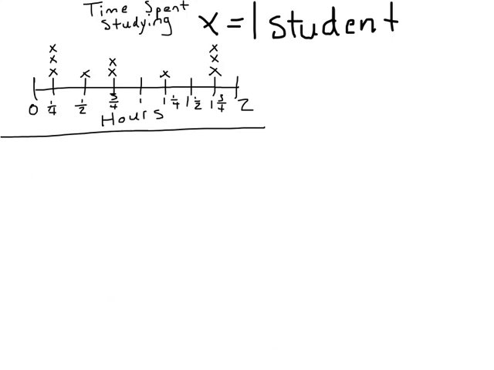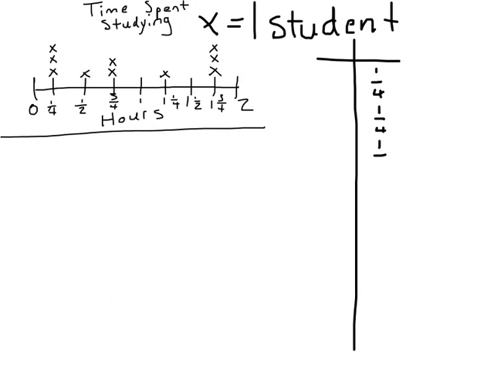The last kind of question you might be asked is, what is the total amount of time spent studying last week? Well, to do that, we would need to add the time studied by each student. So we would have 10 different numbers to add. I can draw my T-chart to get started, and I'm going to add 1/4, 3 times: 1/4, 1/4, 1/4.